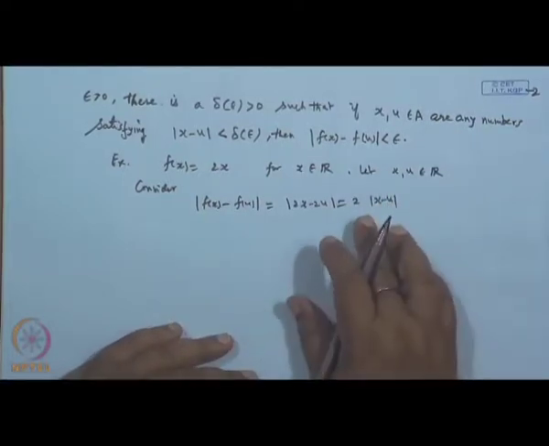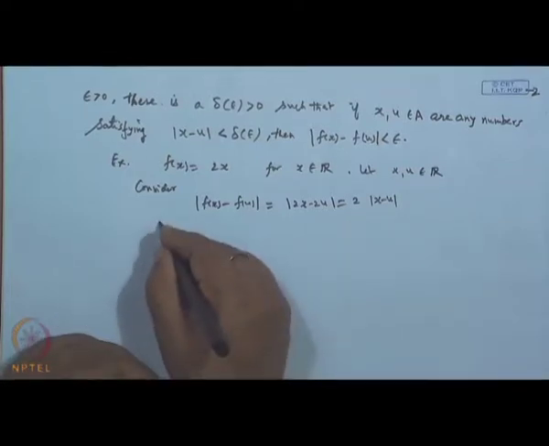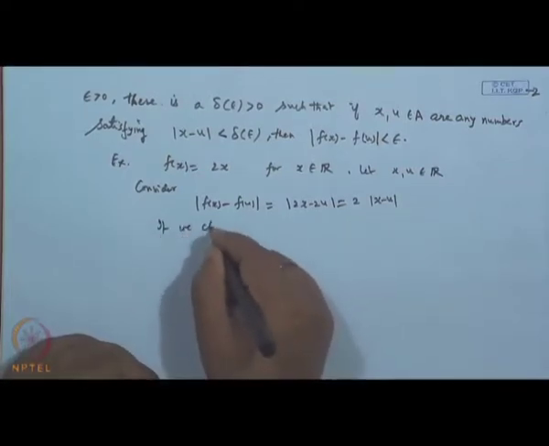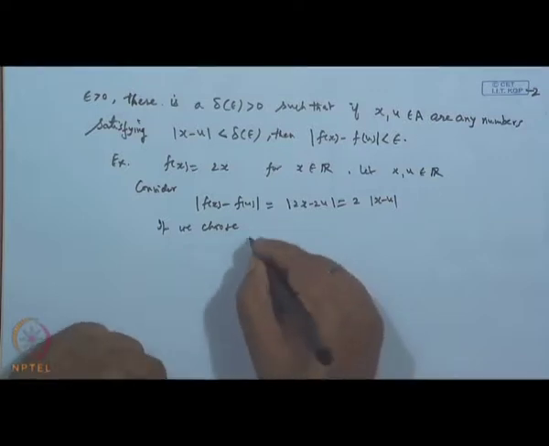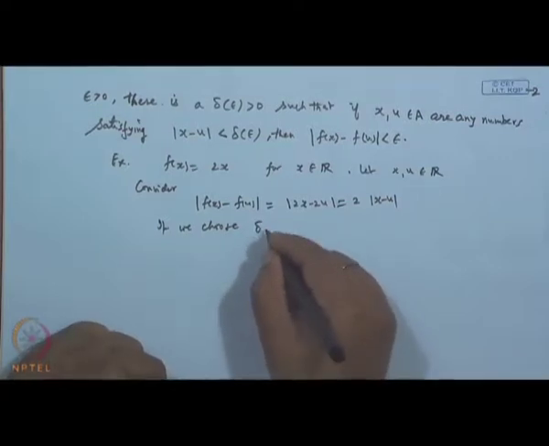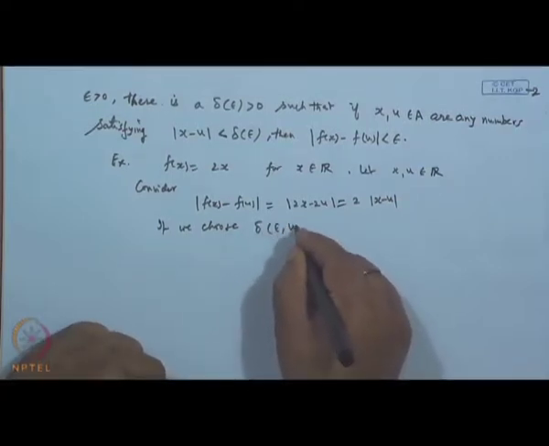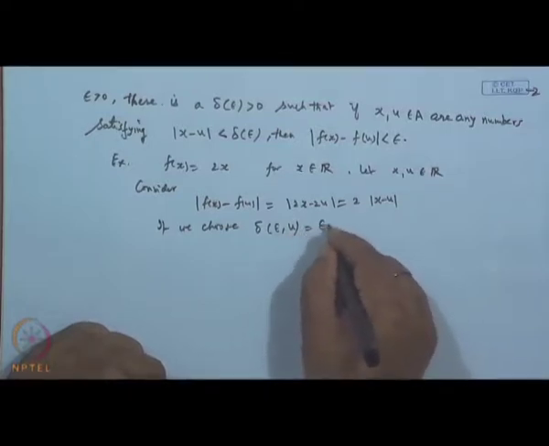So, if we choose delta, which depends on epsilon and u, as epsilon by 2.